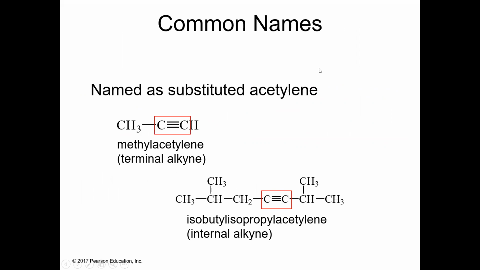So this is propyne, and it's commonly called methyl acetylene. This part of it is acetylene. And then this one could be called isopropyl acetylene. This is the acetylene group here.